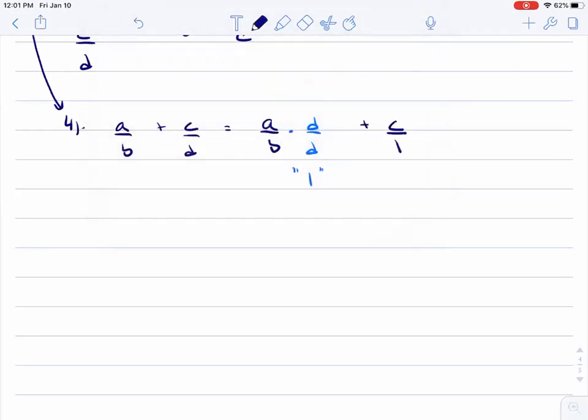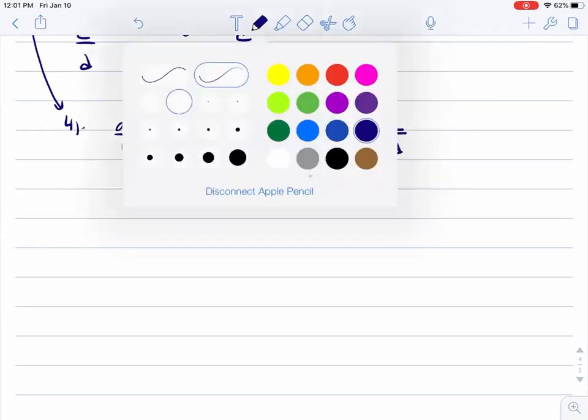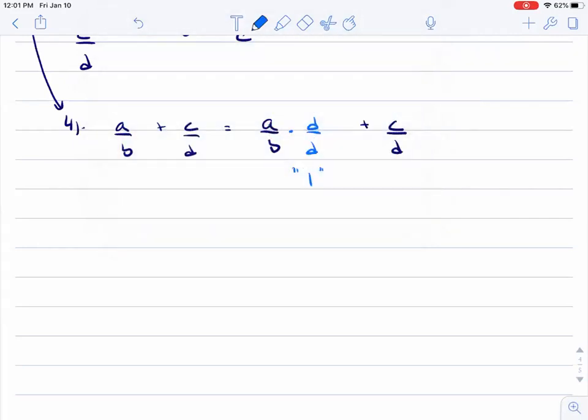Plus C over D. But now I'm over D and I want to have it over a combination of B and D, right? And so now I'm going to take this other denominator and I'm going to turn it into 1 and put it over here, right? So what I end up doing is I do times B over B, right? Which is also 1.